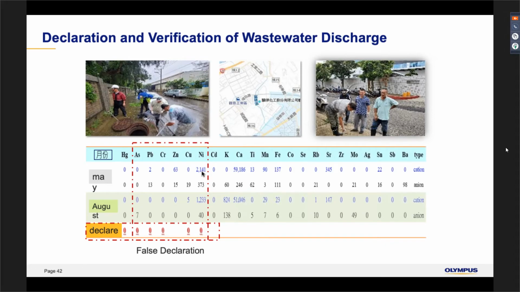Yeah, so the XRF actually provides limits of detection from low ppm to even percentage level. This is why everybody likes to use the XRF.